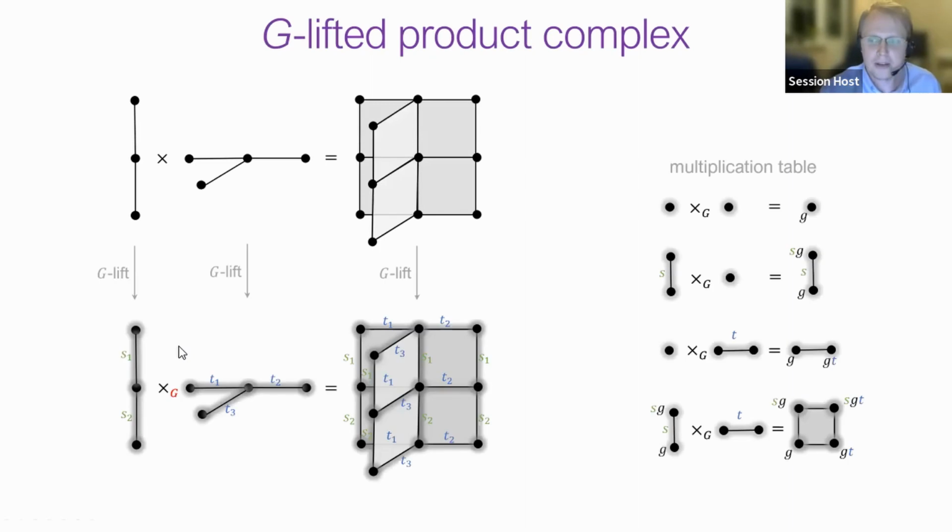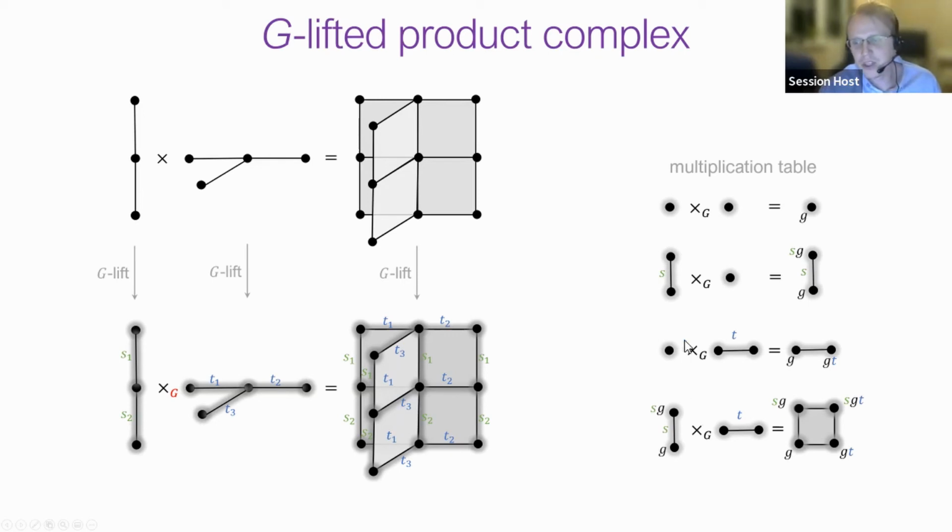And what do we have for G-lifted products? G-lifted products are actually a very simple idea. We first lift the first component, then we lift the second component, and after that we obtain the lifted two-dimensional object. This lifted two-dimensional object has G times more vertices, G times more edges, and G times more two-dimensional squares.